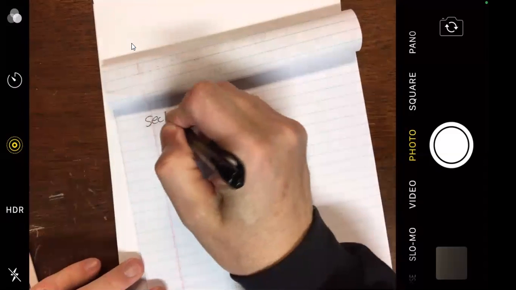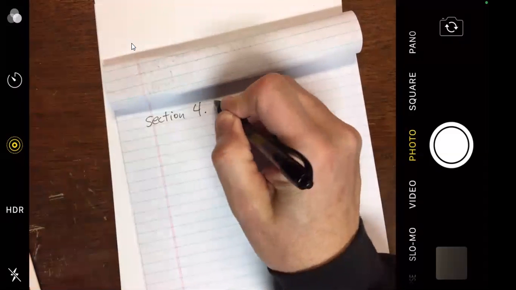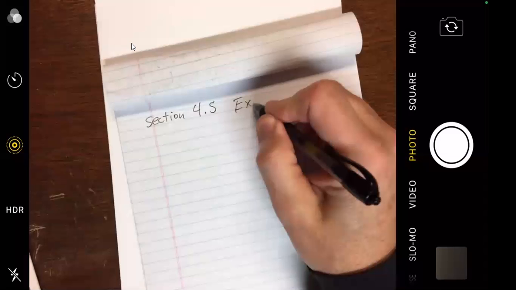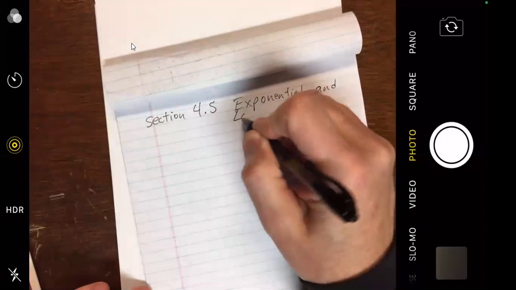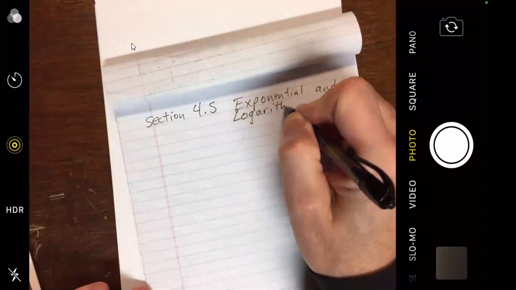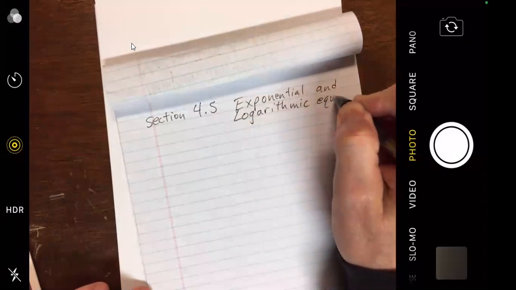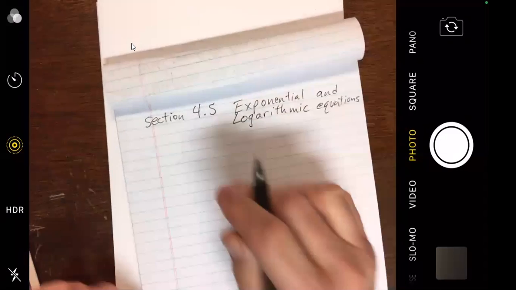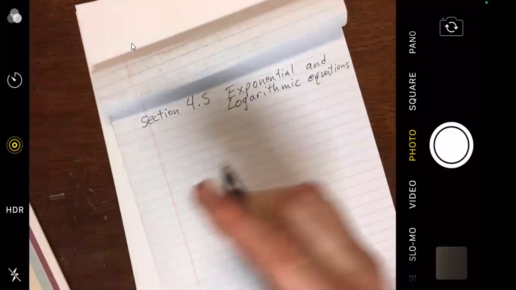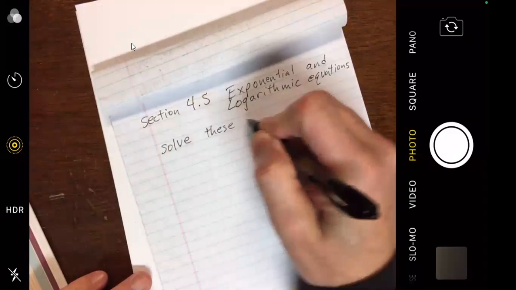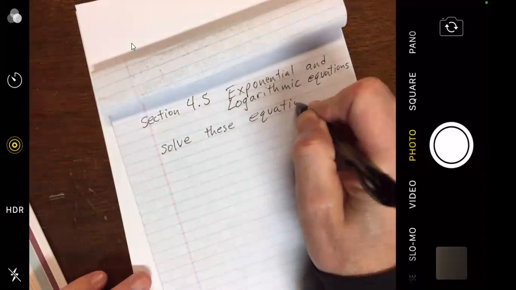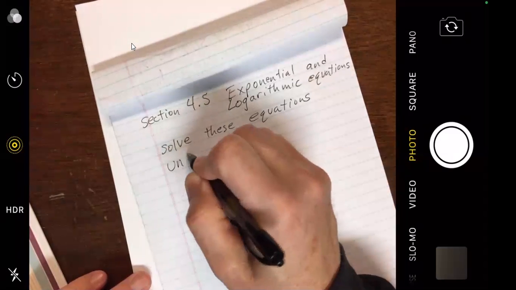So what we're going to do today is try to get you started, give you some examples. Section 4.5, exponential and logarithmic equations. And so what we're doing is we're solving these equations. So you undo what is shown.